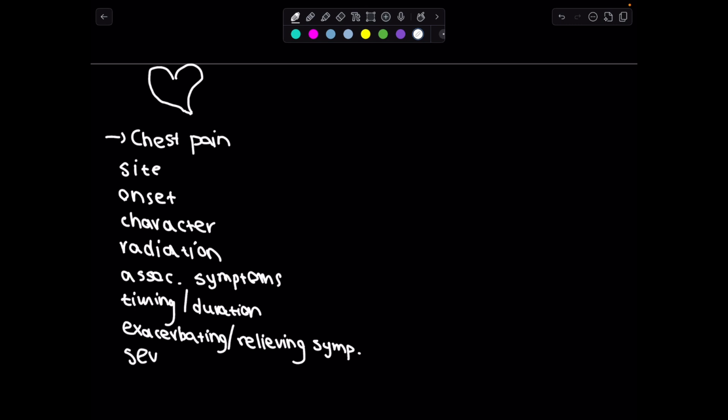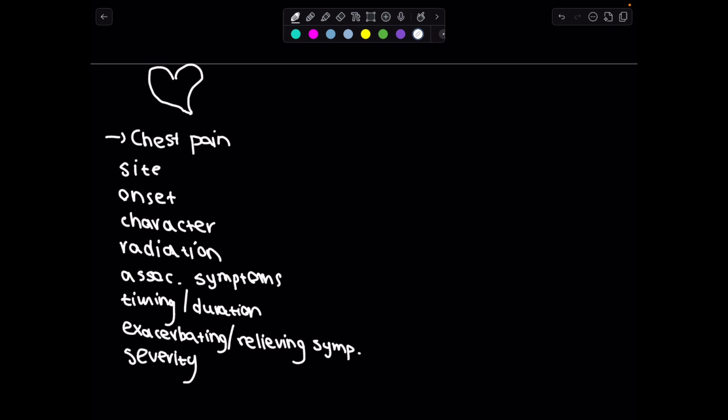So I will use the Socrates acronym. Perfect. Socrates is a great tool for cardiovascular history taking. For a patient with cardiovascular complaints, apply it like this. Site: where's the pain, chest, arm? Onset: when did it start, sudden, gradual?